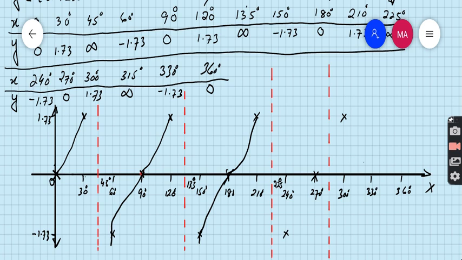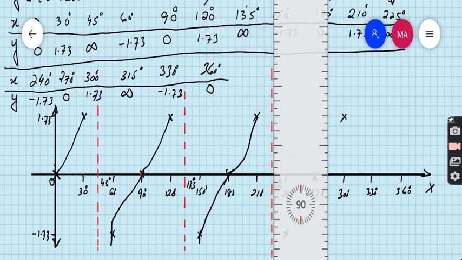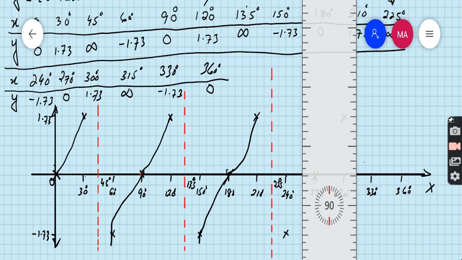Sorry, there is a mistake. The line should be at 315. This is my mistake. Sorry. The dotted line at 315 degree over here.